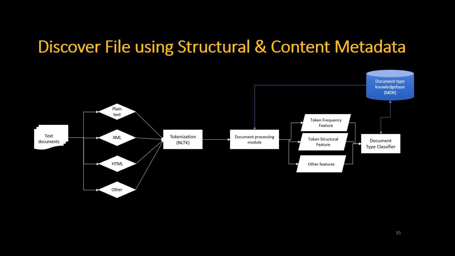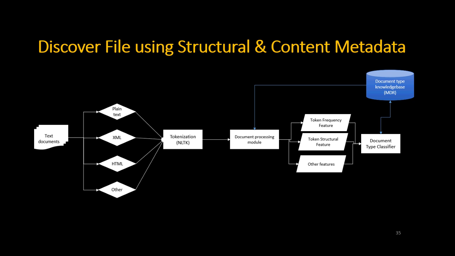As a lot of biomedical data sets are stored in text document format, at this point our machine learning approach is mainly focused on processing text documents. But the text document can be in any format, like plain text, XML, or HTML.